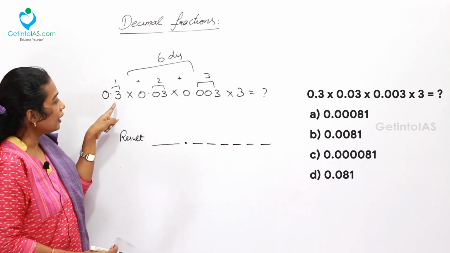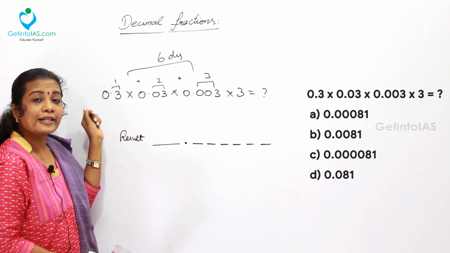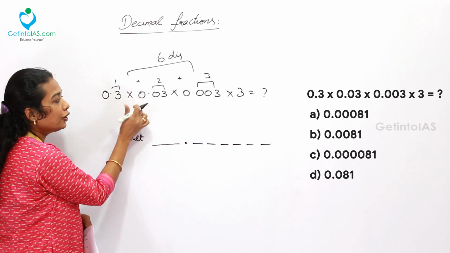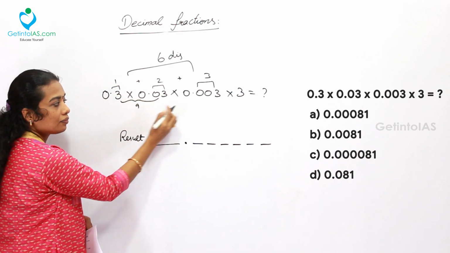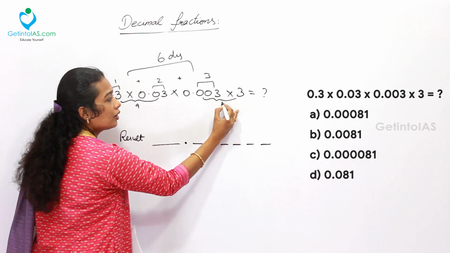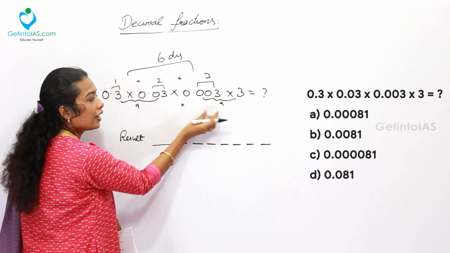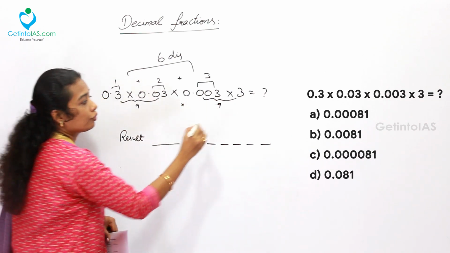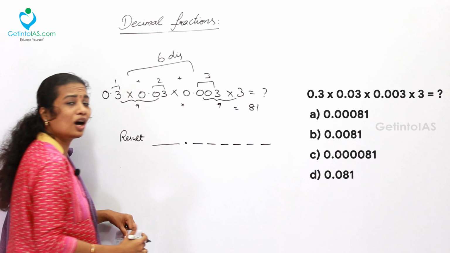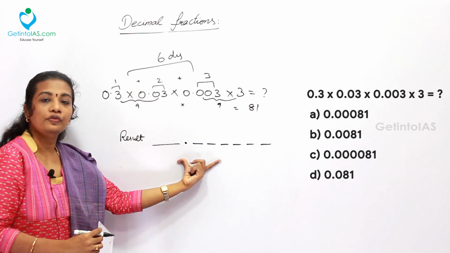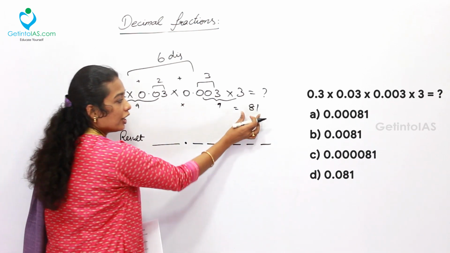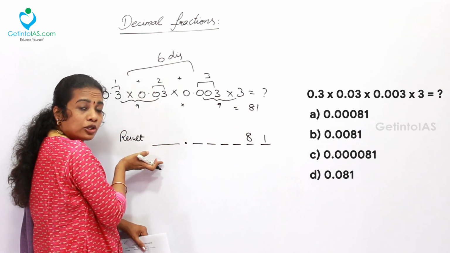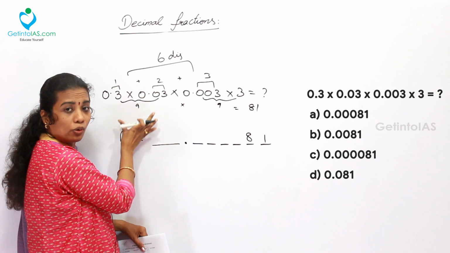Now you can simply consider the numbers except zeros and decimals. 3 into 3 is 9. Here 3 into 3 is also 9. 9 into 9 is 81. So finally I got the result 81. How to write that 81? For that we have allotted the places clearly. So 81 can be written first 1, then 8. Excess places ought to be filled up with zeros because there is no other number.